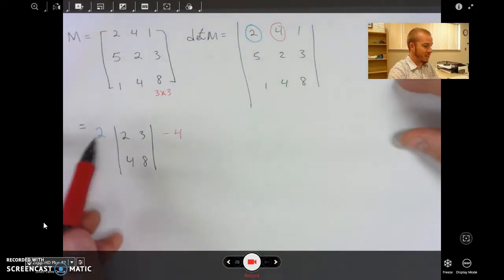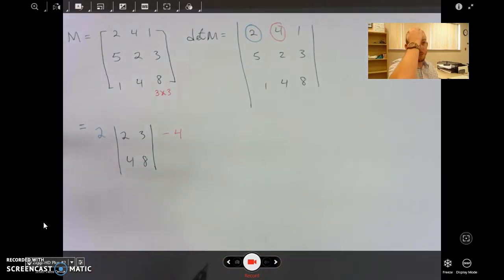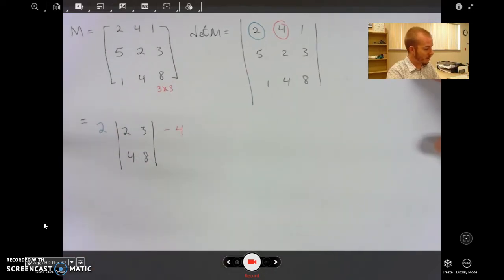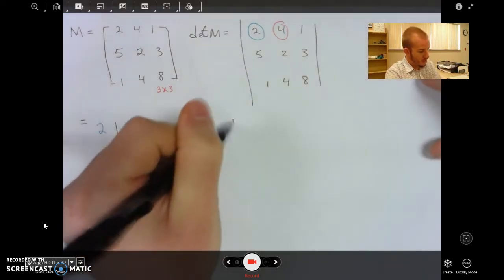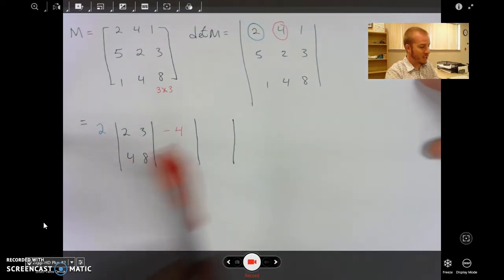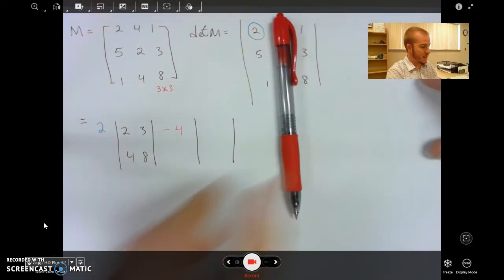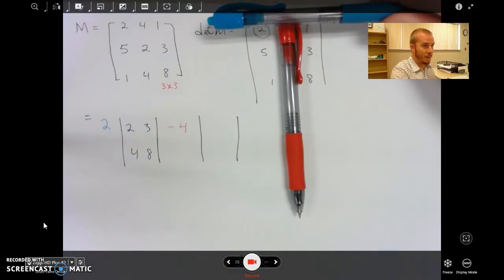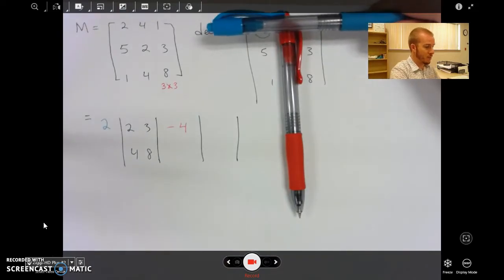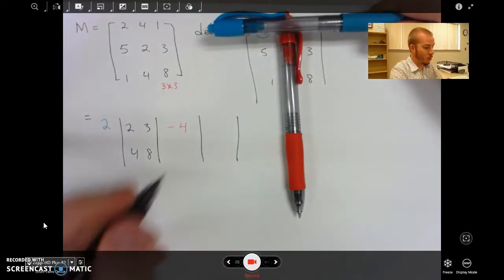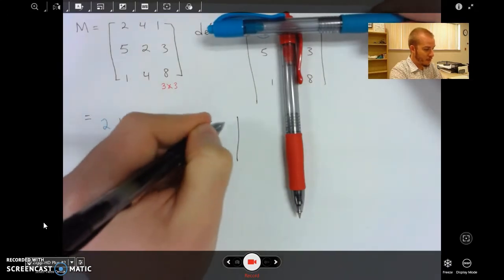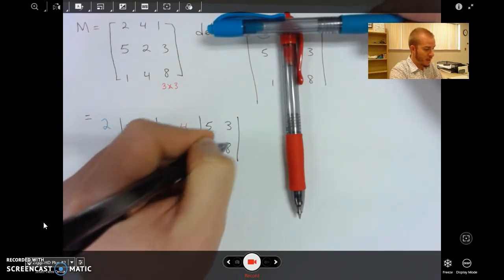It goes positive, negative, positive, negative, and that's the pattern that you're going to do no matter how huge your matrix is. So you're going to get minus 4 times the determinant of the matrix you get when you block its column and its row out. So check that out. When we block out 4, we're going to get 5, 3, 1, 8.